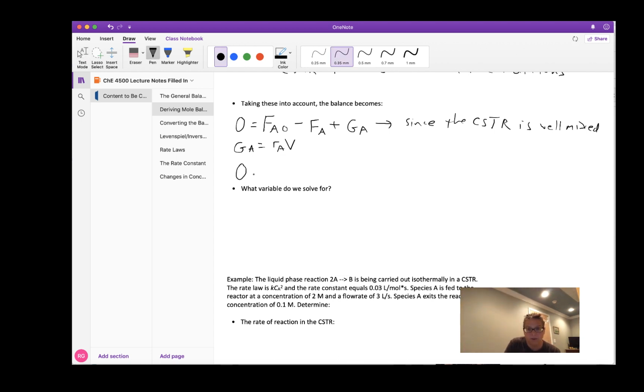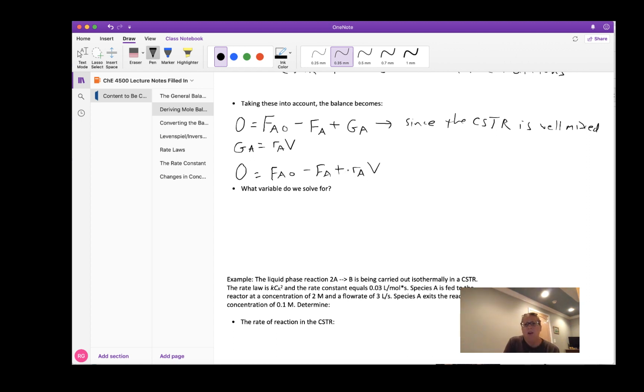So we have 0 equals FA0 minus FA plus RAV. Now this is the general case.